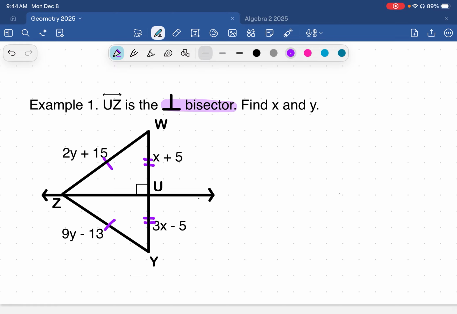So to find x, we can set up the equation 3x minus 5 equals x plus 5, and we'll solve that. And to find y, we can say 9y minus 13 equals 2y plus 15.